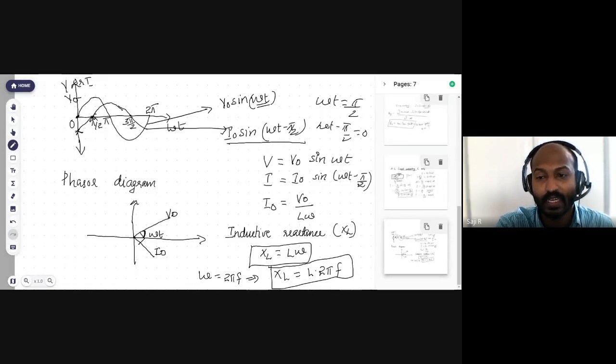As the frequency increases, the reactance increases, and as the frequency decreases, the reactance decreases. Got it? So that reactance depends on the frequency.